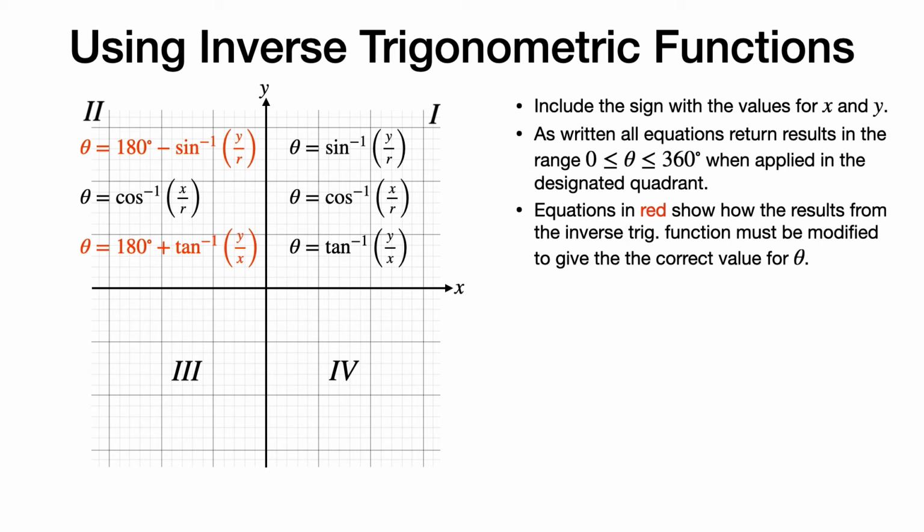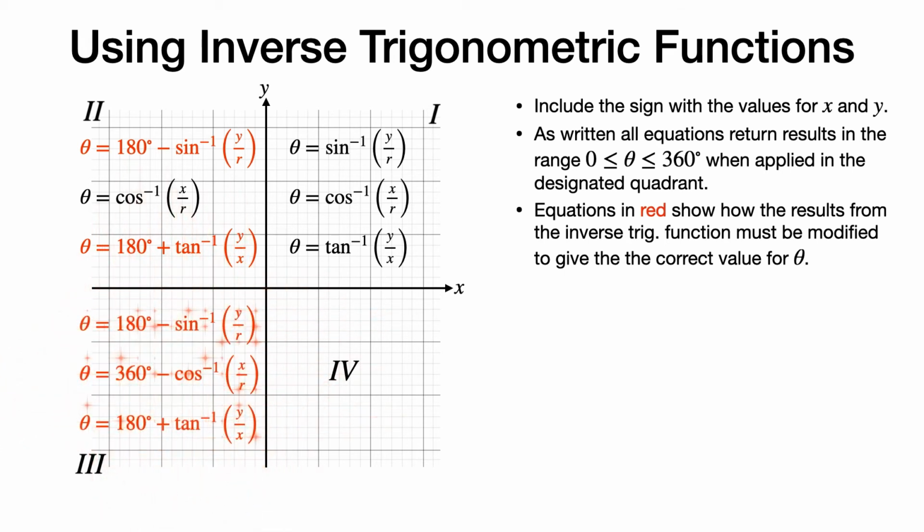The equations in red show the results from the inverse trig functions as they must be modified in order to give the correct value of theta in the range 0 to 360 degrees. Notice that the inverse sine and the inverse tangent have to be modified. We have to take the results and either subtract or add that to 180 degrees. In quadrant 3, all three of the different inverse functions give us the wrong answer because both x and y are negative numbers.